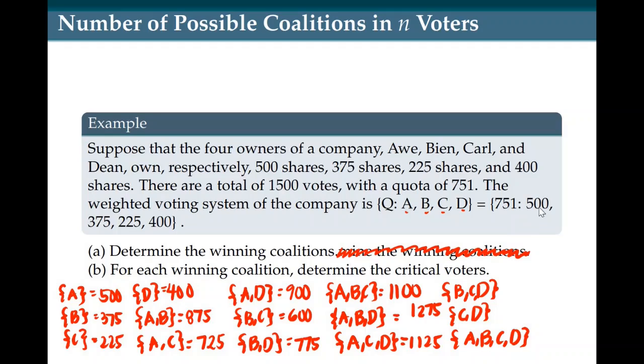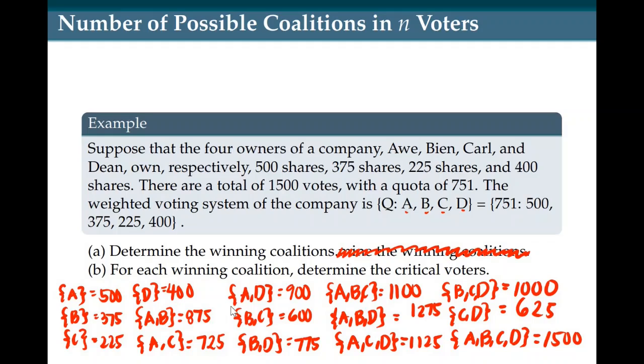BCD, 375 plus 225 plus 400, that is 1,000. CD, 225 plus 400, 625. And A, B, C, and D has a total of 1,500 votes.